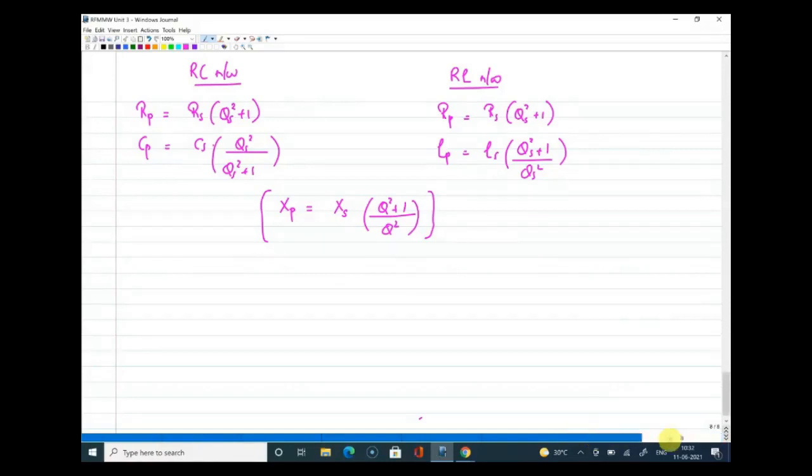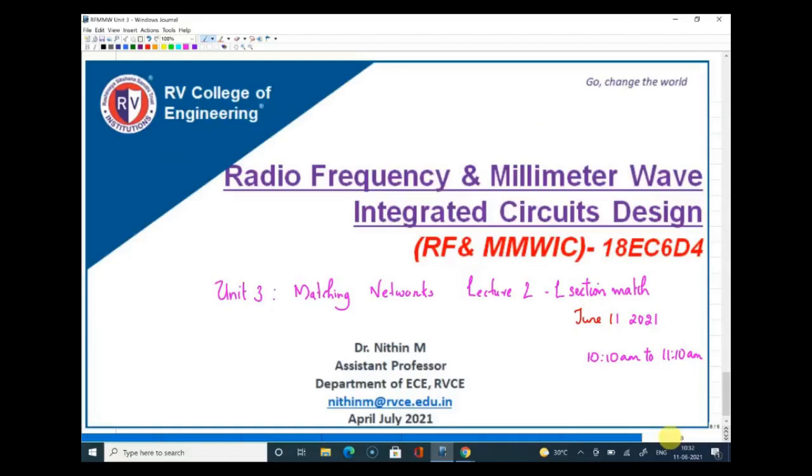At the end of the discussion, we'll come to something called LC match, and we'll also see the simulation of this L section match, and how the impedances are transformed exactly. The real part of the impedance is exactly matched. All right, so those things we will see.